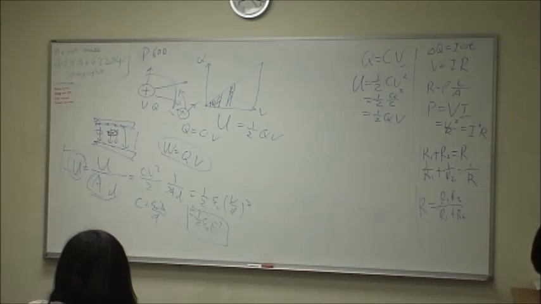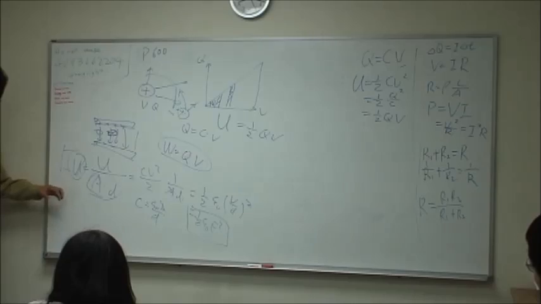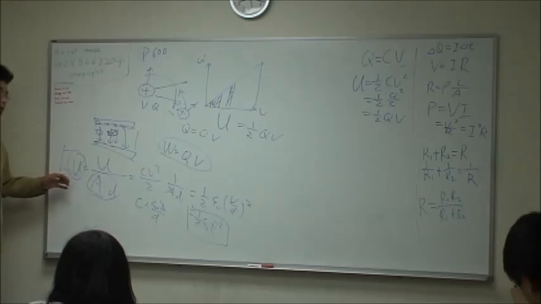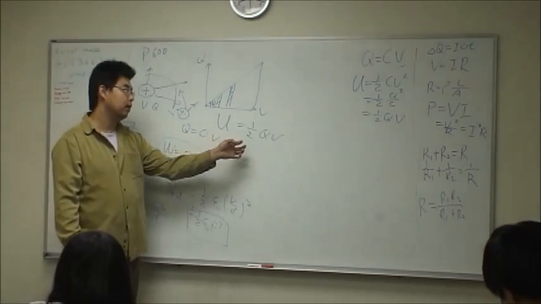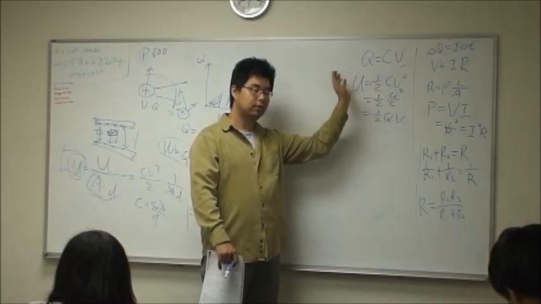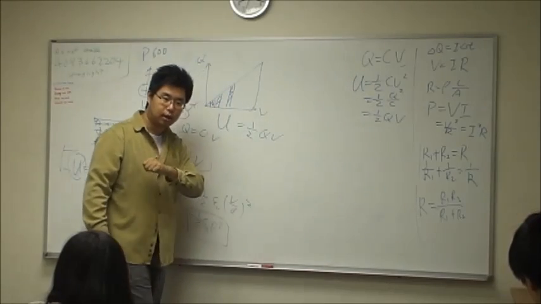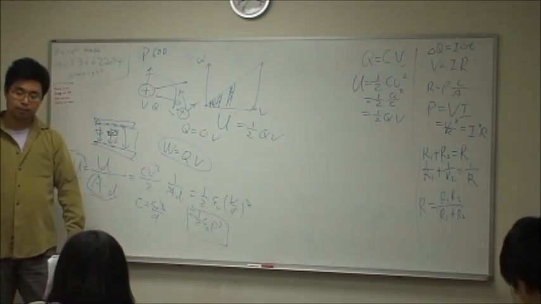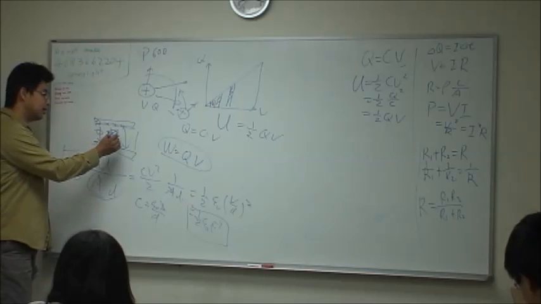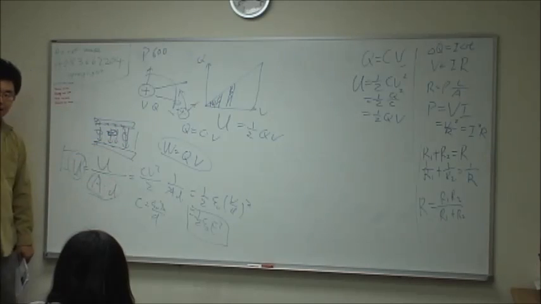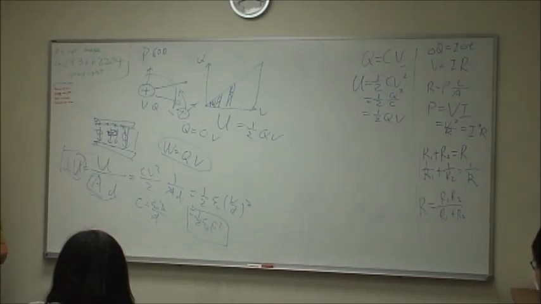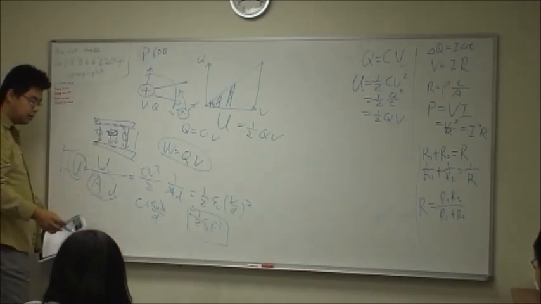Okay. Most likely you won't use it for your calculations, but instead you may use 1/2 CV squared to do the calculation. However, I just want to give you the concept that energy is stored in the E field between these two plates of the capacitor, not just because of charge. Okay?